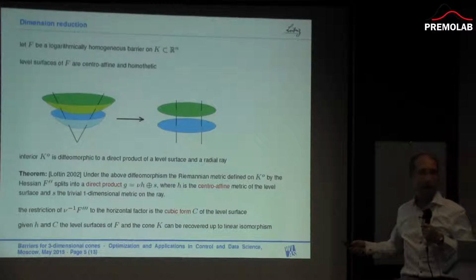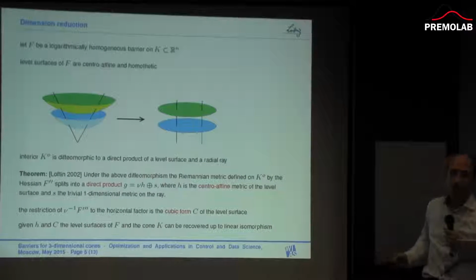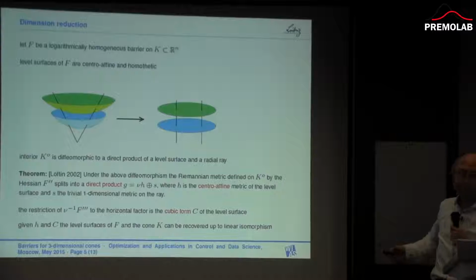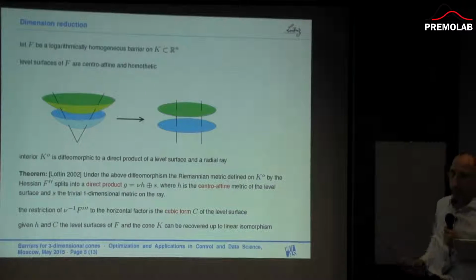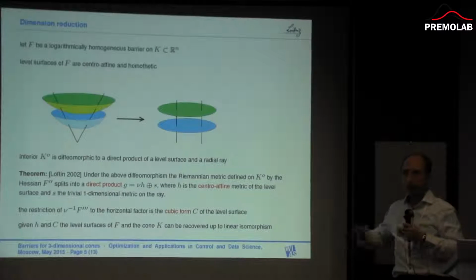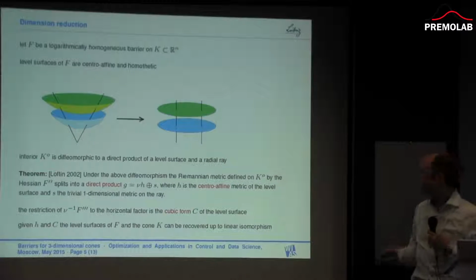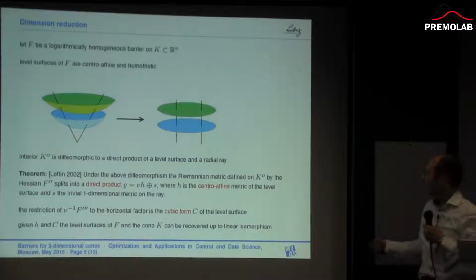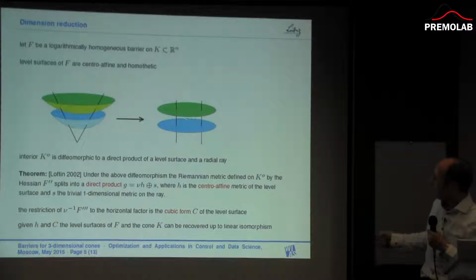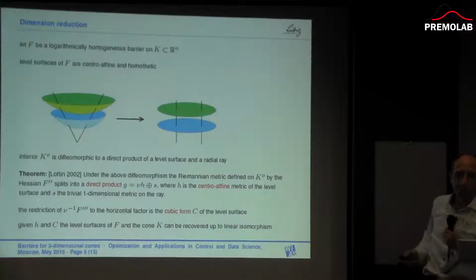So the barrier is just a scalar function, so it has level surfaces. And on the other hand, we can foliate the interior into the set of rays. And these two foliations are, well, transversal. So the interior of the cone is just a direct product between a level surface and a ray.